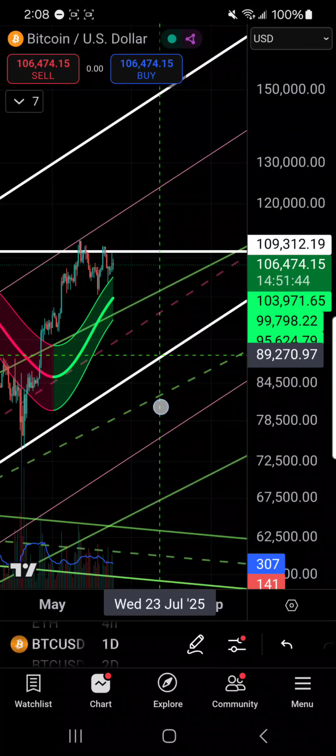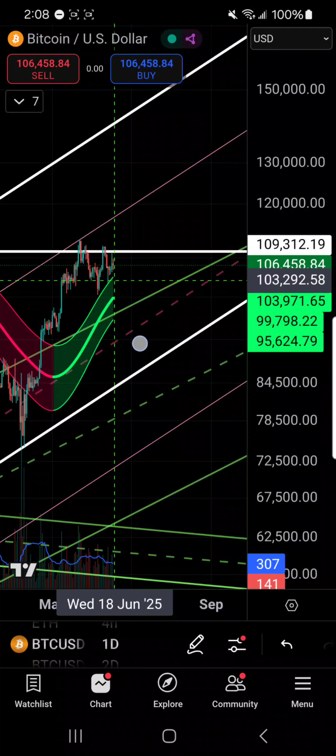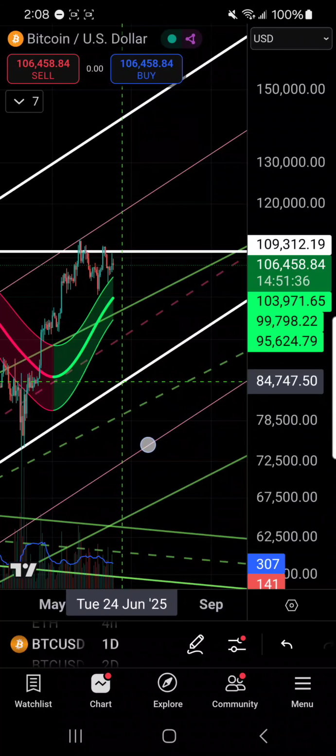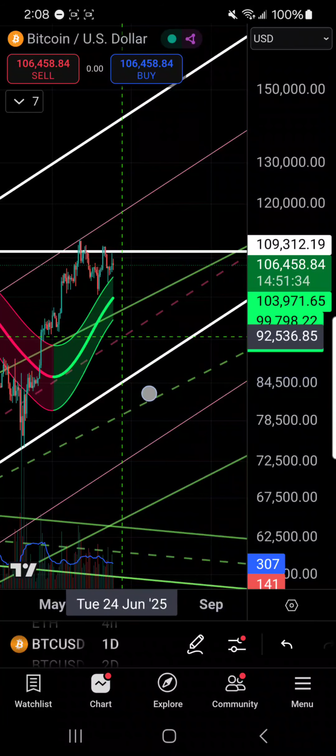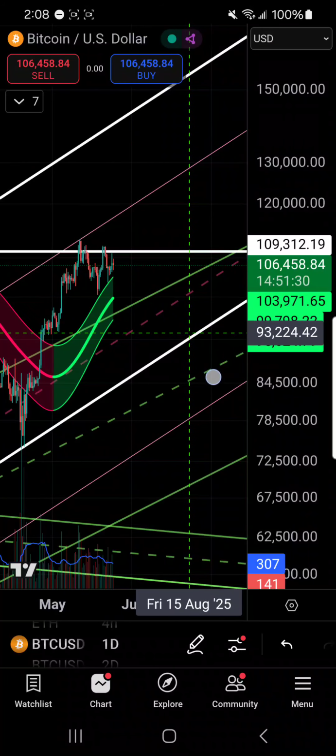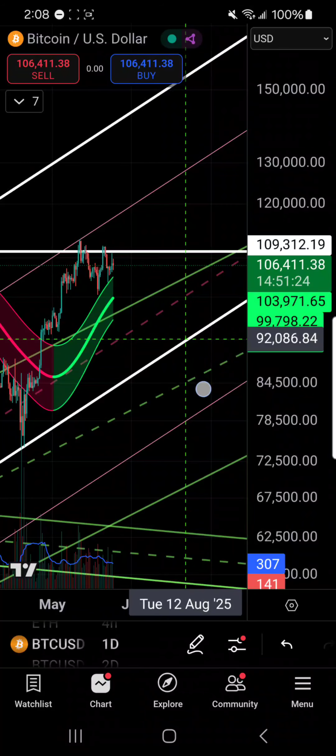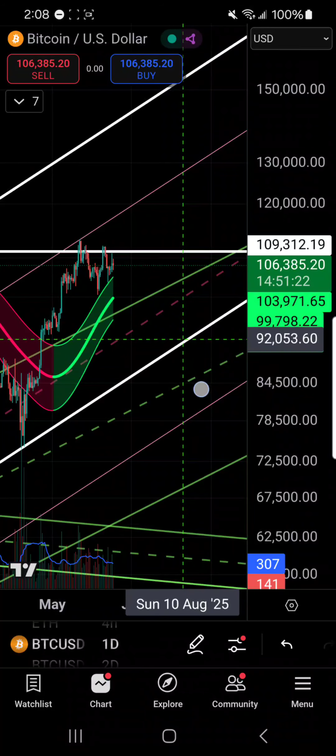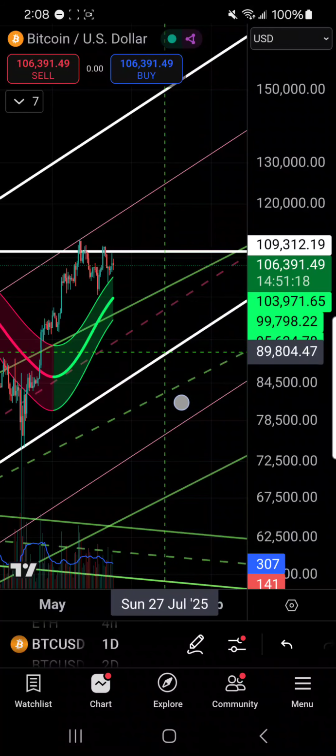Anyway, the bottom of this triangle is around 89 out here in July. We wouldn't come straight down here. That's about 84. We'd come down here, chop around, get out here maybe in August. If we did get out here in mid-August, it would be around 92.